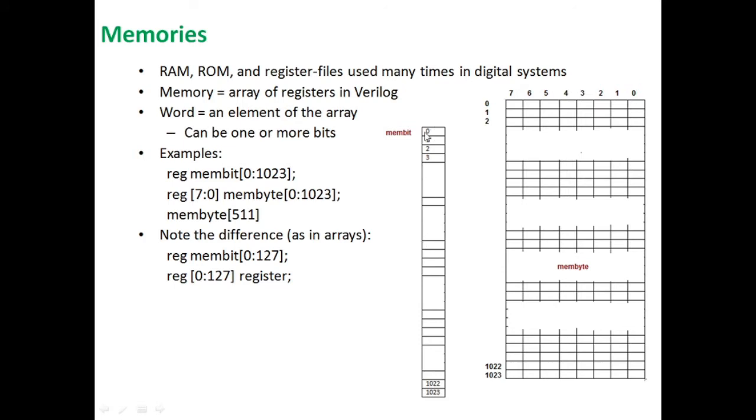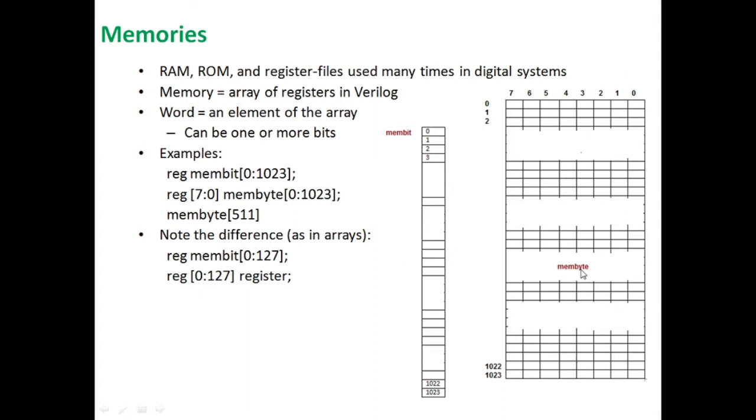So how many elements am I having here? I am having 1024, that means 1k, and each element's capacity is 1 bit only. That means this memory whose name is membit has 1024 address locations or 1024 elements, and each element is 1 bit capacity.